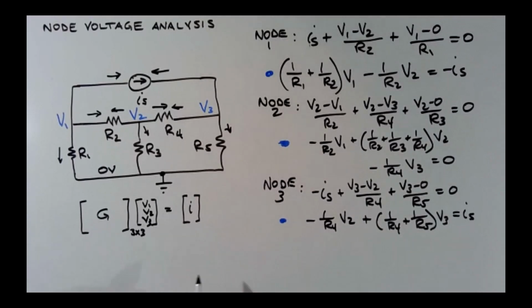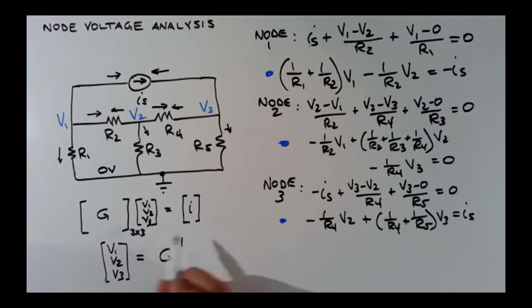Okay, so if you wanted to solve this, you're looking for V1, V2, V3. So you could solve this by saying V1, V2, V3, which is a column matrix or a vector, equals G inverse, this G matrix inverse, times I as a column vector. Let me just write that.